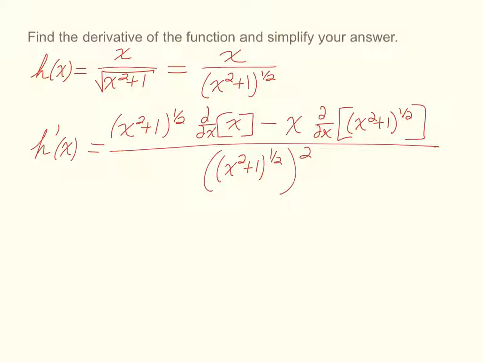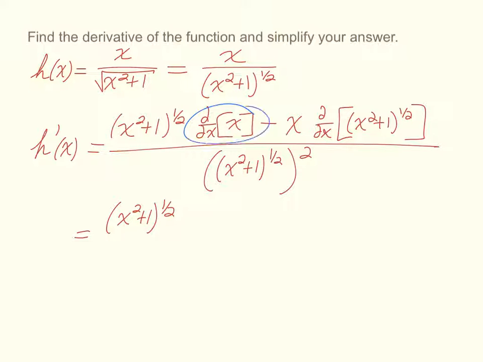So in order for us to complete this quotient rule, we need to find the derivatives of what is left in the numerator. So that leaves us with x squared plus 1 to the 1/2.